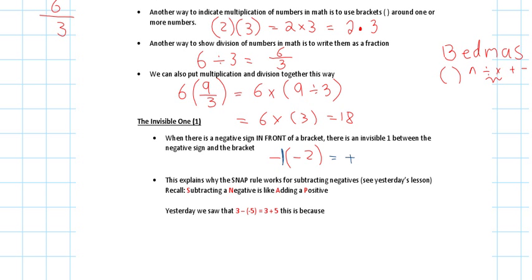Okay? So technically, whenever you see that negative in front of a bracket, it's a 1. Okay? You don't have to include it. As long as you remember negative times negative is positive, that's all I care about. Okay? Are we okay with this? Okay.